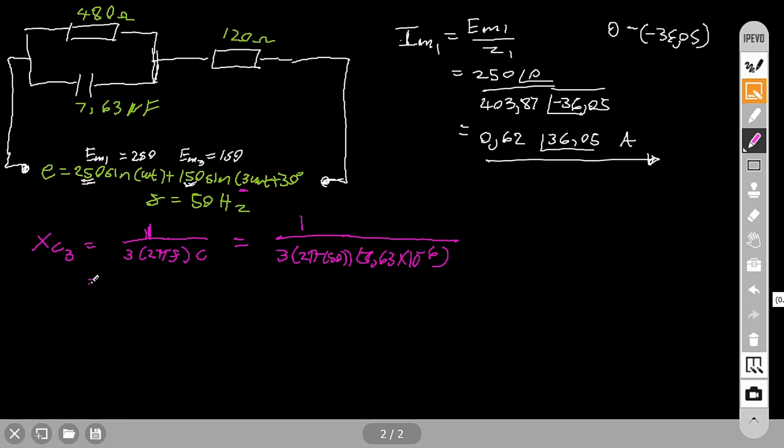When you punch this in a calculator, you are going to get 139.06 ohms.